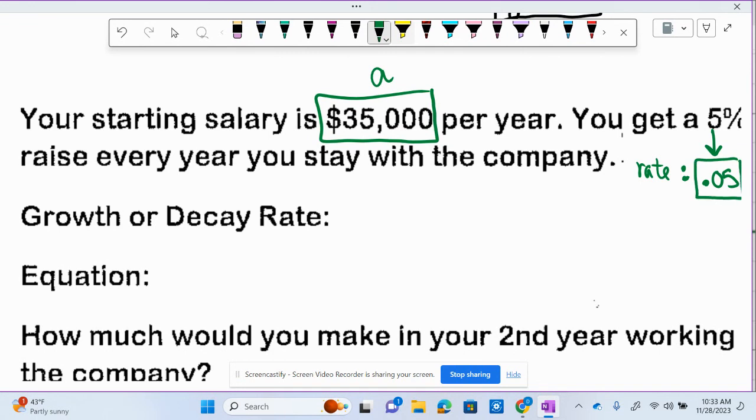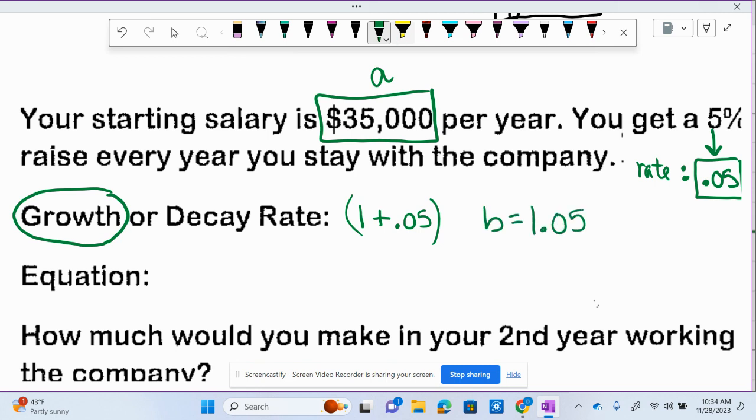If we're getting a raise every year, is this growth or decay? Growth. That means I'm going to do what? 1 plus 0.05. So what is 1 plus 0.05 come out to be? Yeah, B equals 1.05.